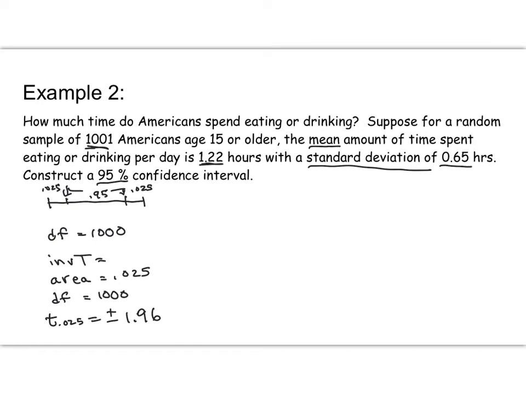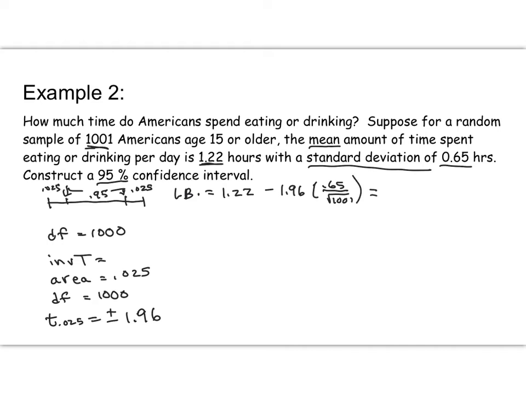Okay, so let's go ahead and calculate the confidence interval. Our lower bound is going to be the mean, so 1.22 minus 1.96 times our standard error. Our standard error is the standard deviation divided by the square root of the sample size.